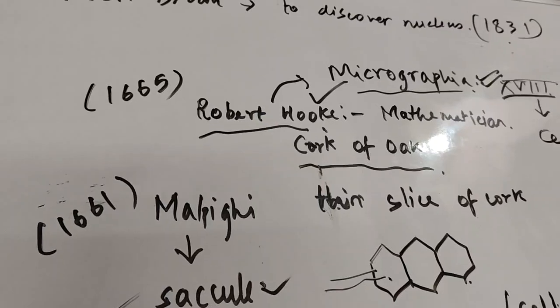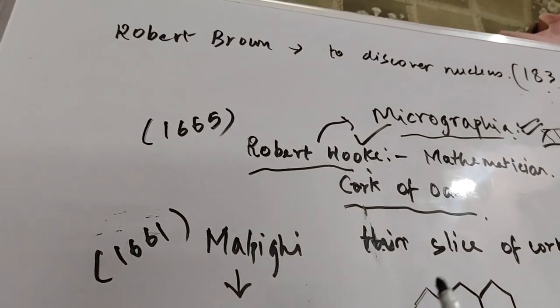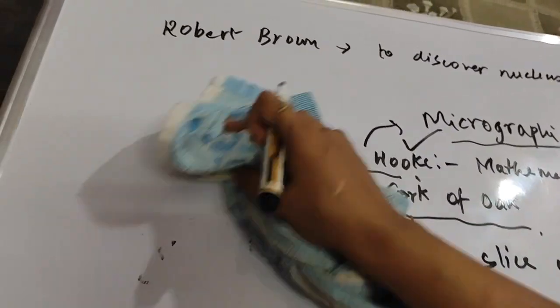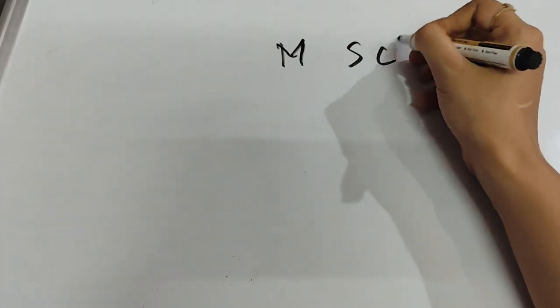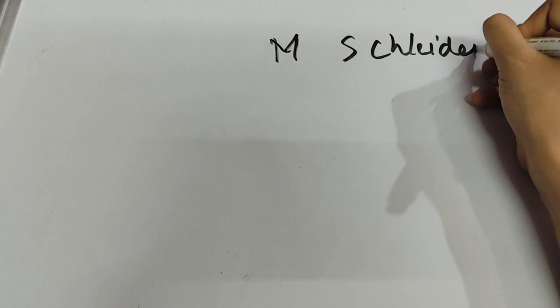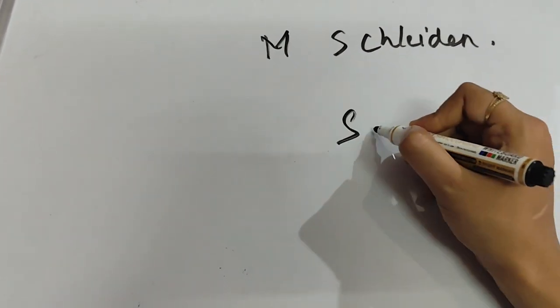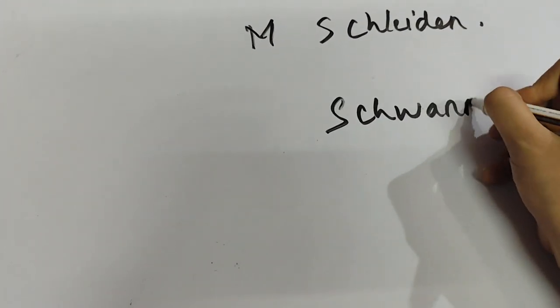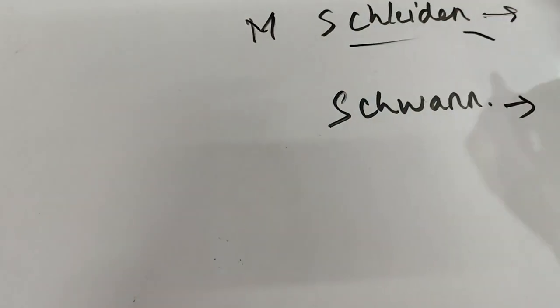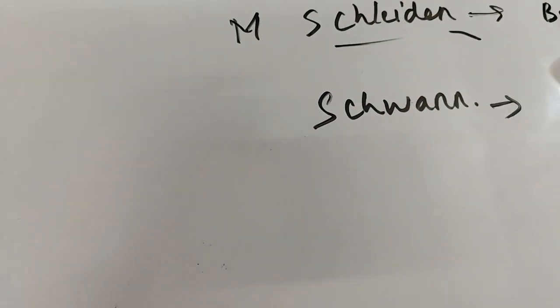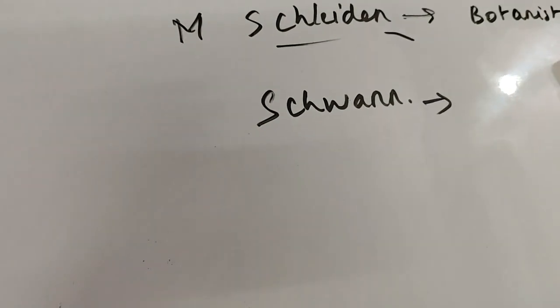After these people, there were two other German scientists, a botanist and a zoologist, who were doing their experiments and many other work. Schleiden and Schwann. They were working individually, not together. Schleiden was the botanist and he was working on plant cell.